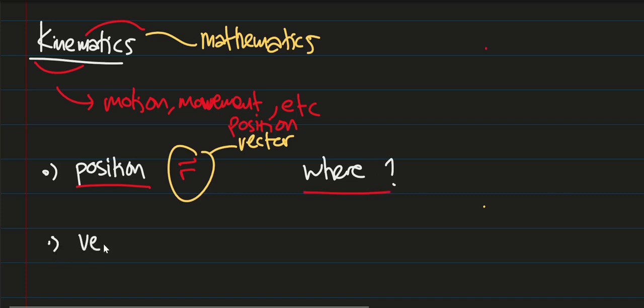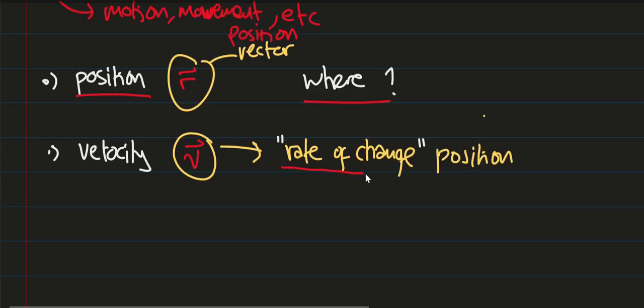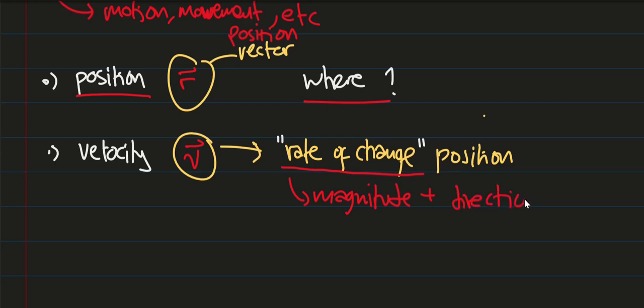Next is velocity. Velocity, denoted by this, is, as usual, a vector because of the arrow above it, and it explains the rate of change of position. That means we have magnitude change plus direction change of position.